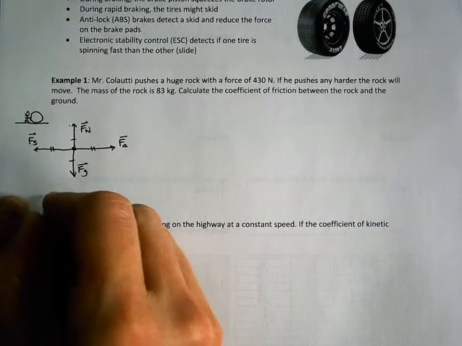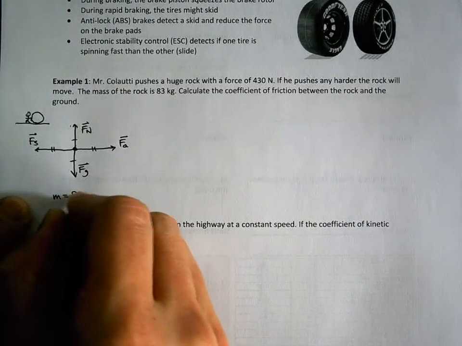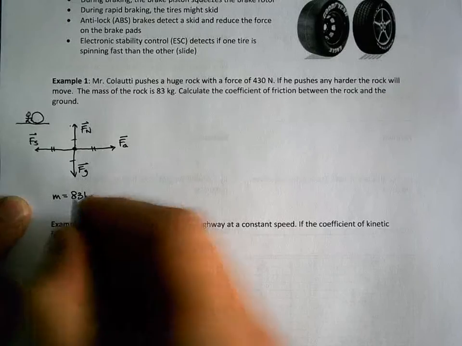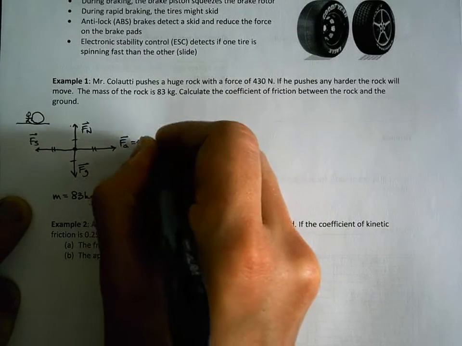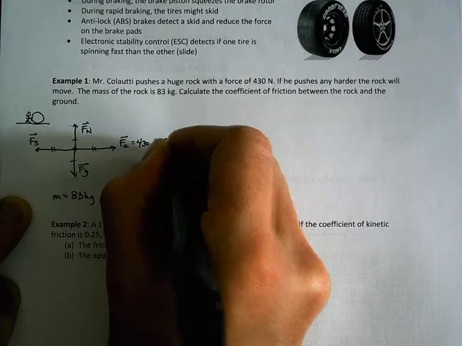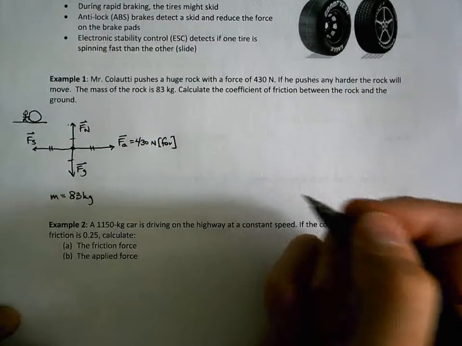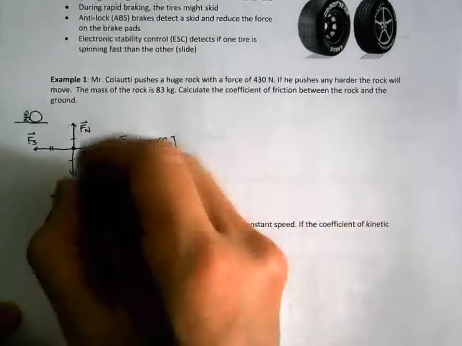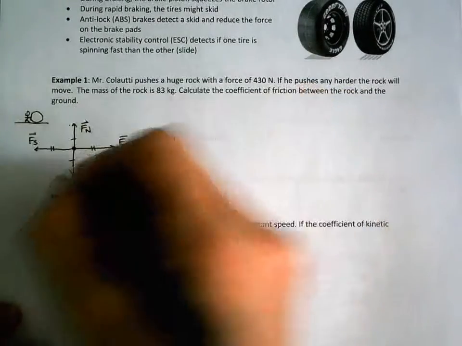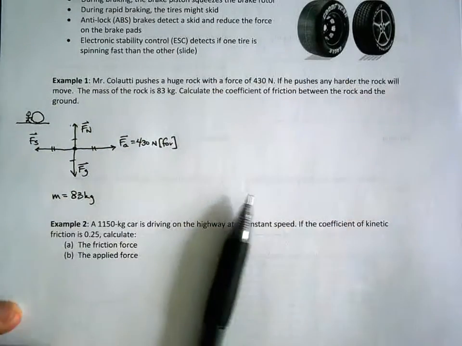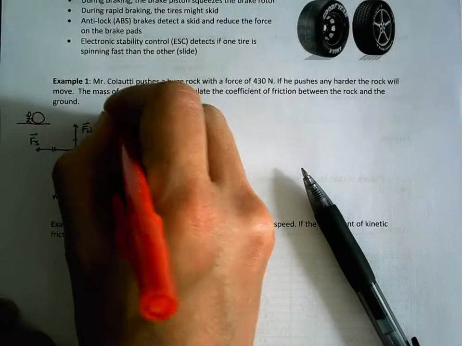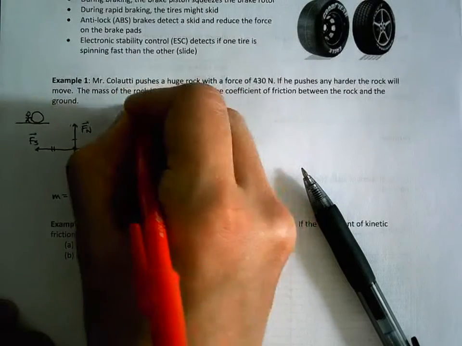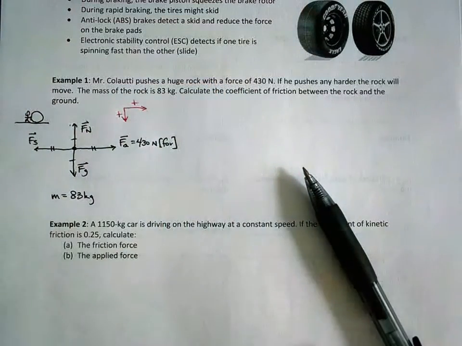Do we know anything? Well, we know the mass is 83 kilograms. We know that the pushing force is 430 newtons, we'll say forward. Is there anything I can figure out? Well, I can figure out the force of gravity. Now let's make some definitions here. Let's call down positive, and let's call to the right positive.